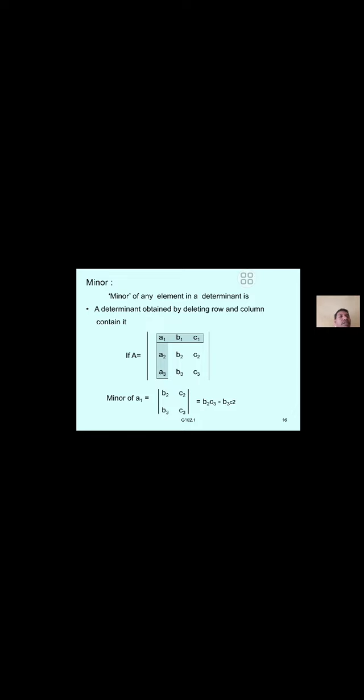So the minor of a1 is obtained by deleting its row and column where a1 intersects, as you can see by the shaded part. The remaining four elements' determinant b2, c2, b3, c3 is b2c3 minus b3c2. This is called the minor of a1. Like this, each element has a minor.